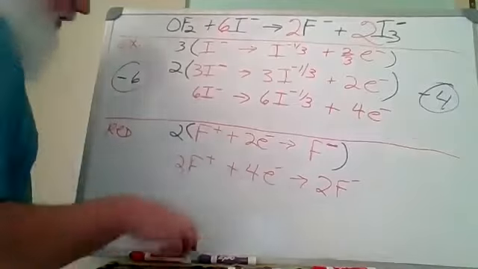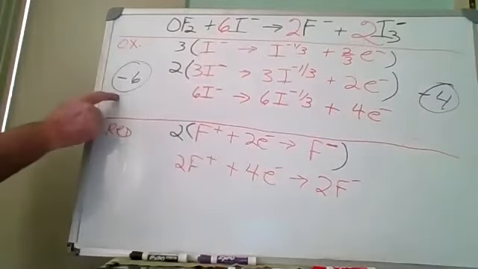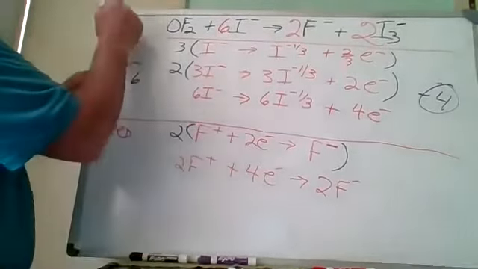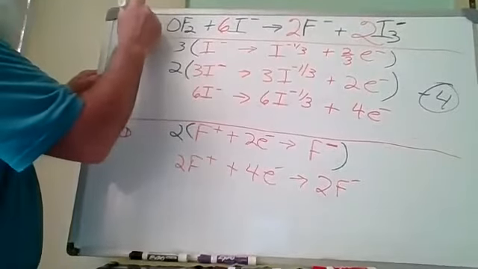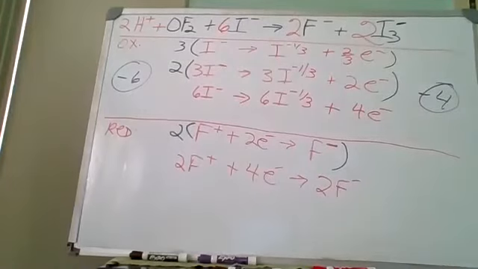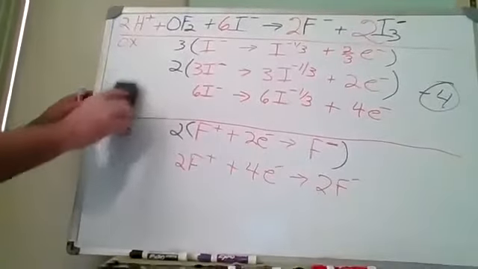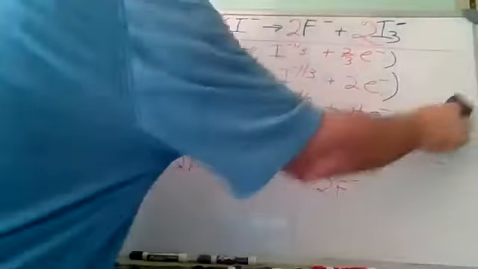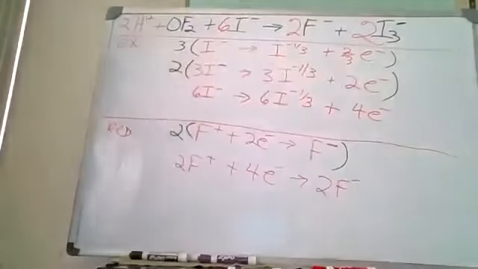Okay, so let's take a look here. I need to add 2 H pluses on the reactant side. Okay. Now, we're almost home. I'm going to erase these charges down here just to keep everything nice and clean.